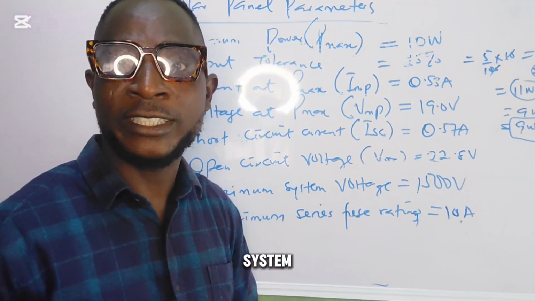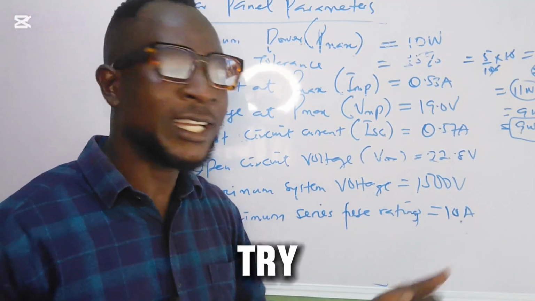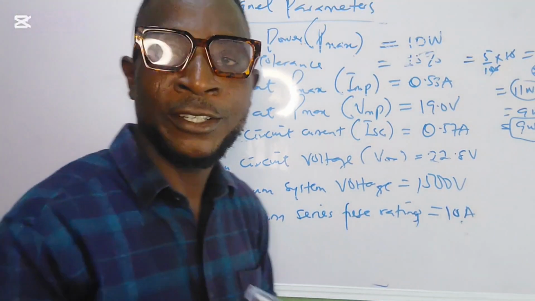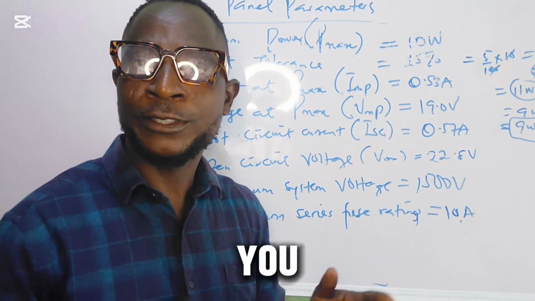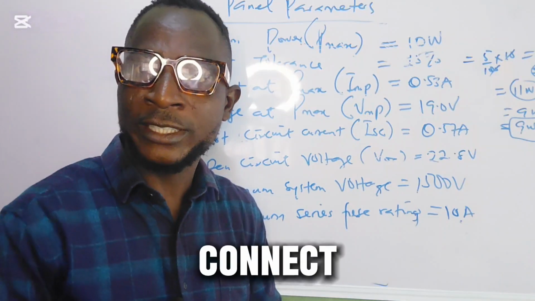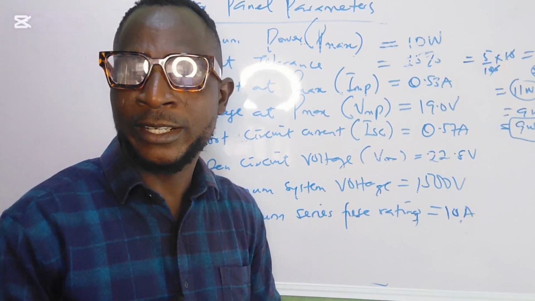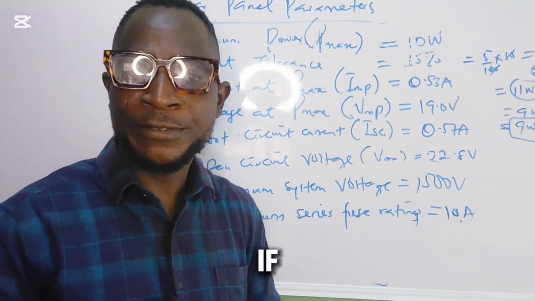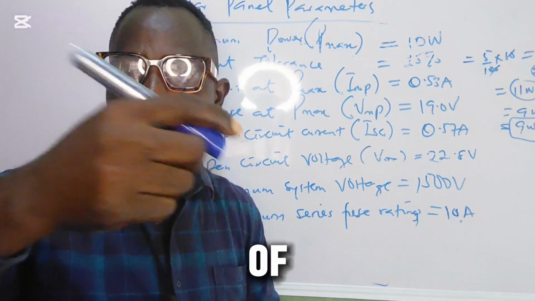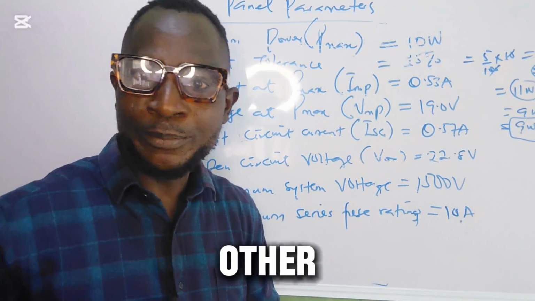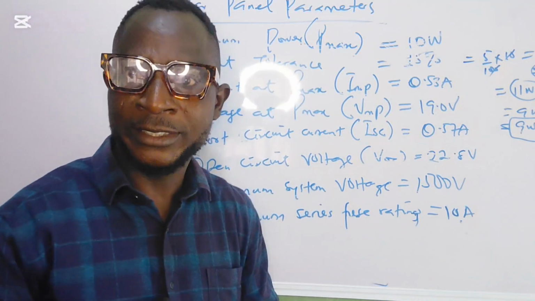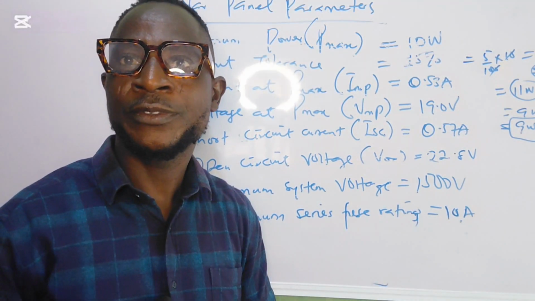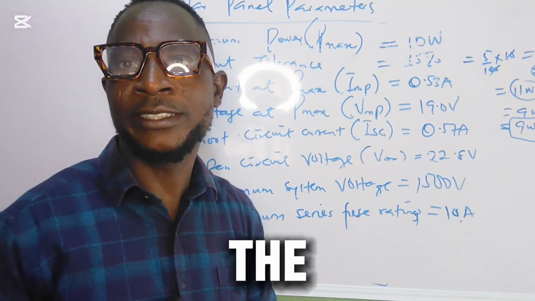So it is very important. If you are installing your system, in each of the strings try and install a fuse. Check for the maximum fuse rating of your panel, then you install a fuse in each string. You connect it to the positive cable of your solar panel. So that if anything happens in any of the strings and the other panels have to backfeed, this fuse will cut to protect the panel.